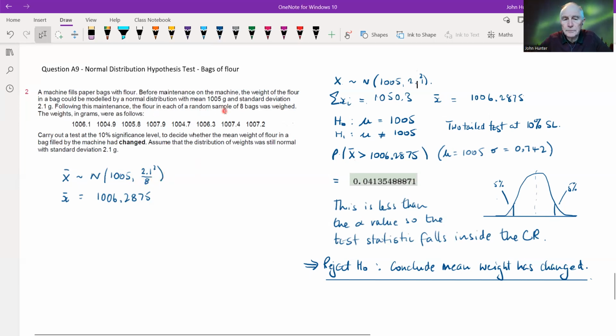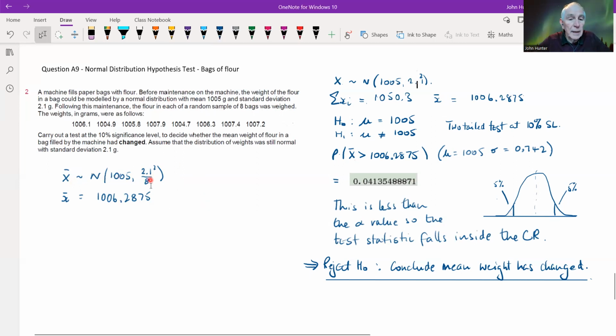In this case, 8 is not really big enough. So I think it's important that we know that if we have a small sample size, we're actually starting with a normal distribution, because if we're not, then effectively X bar probably won't be normally distributed.